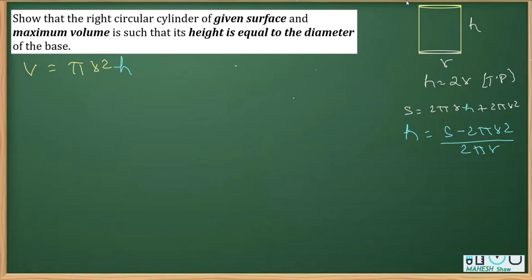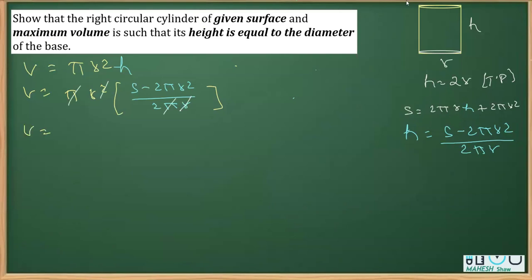Now I'll do substitution here. So V is pi r square and h, which is mentioned here. I'm going to replace this h. So h can be replaced as s minus 2 pi r square, and that divided by 2 pi r. We can see here one r gets cancelled, one pi gets cancelled.